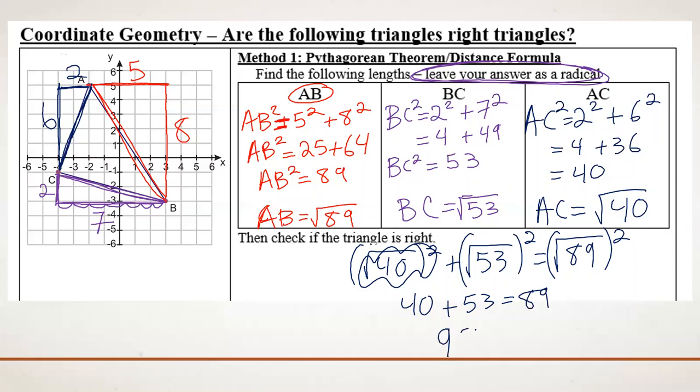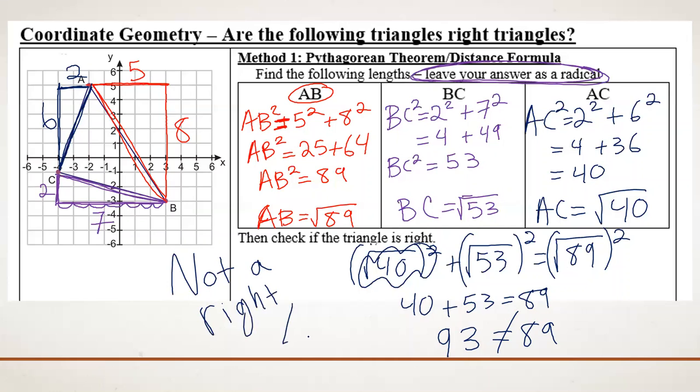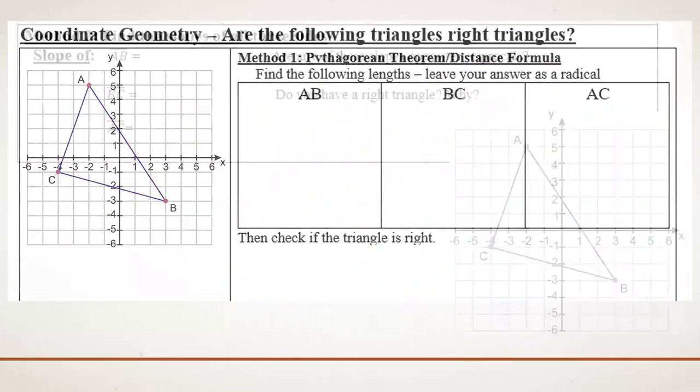Then we ask ourselves, is 93 equal to 89? And the answer is no. So this is not a right triangle. Okay, so that was method 1. A squared plus B squared equals C squared, Pythagorean theorem, distance formula.